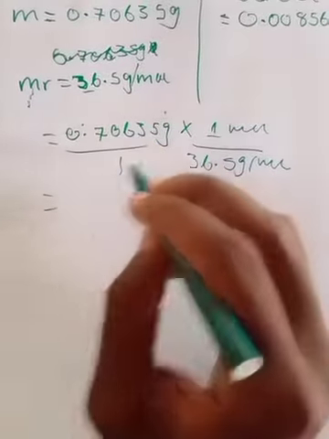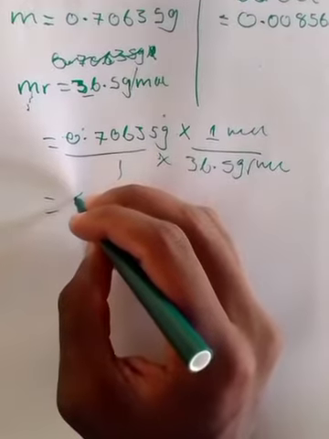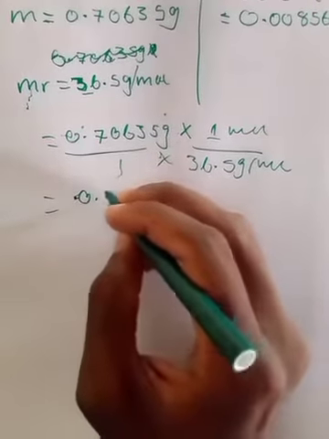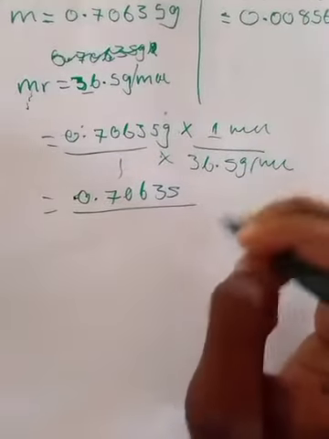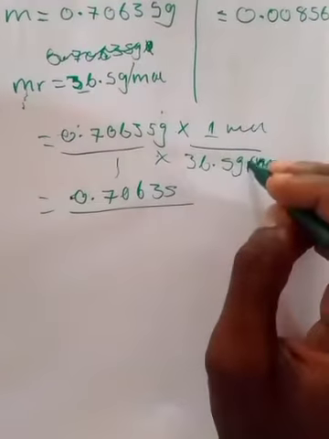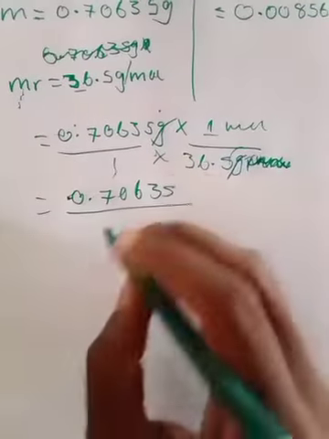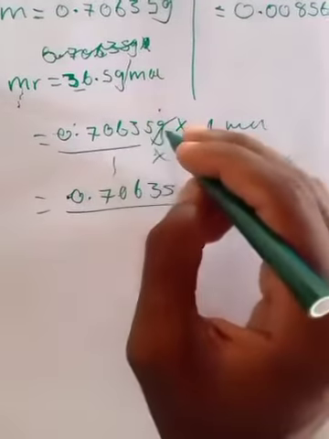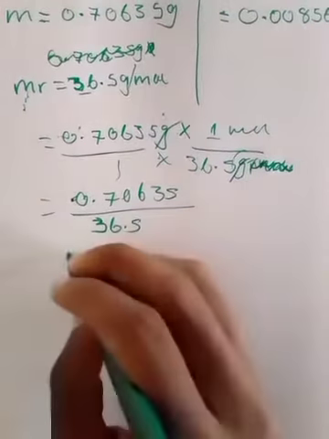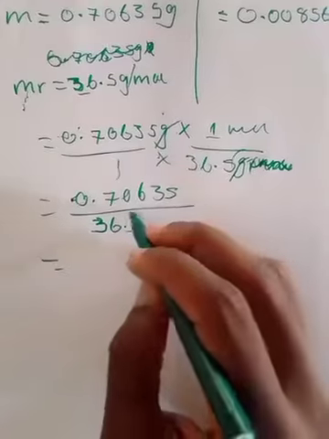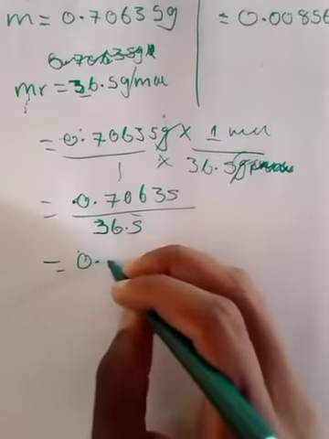Then you're finally going to end up with 0.70635. Since the mole shouldn't be here, you're just going to have the gram here so that it can cancel with that one there. Then you're going to have 0.70635 divided by 36.5. When you divide this, it's going to give you 0.01937 moles.